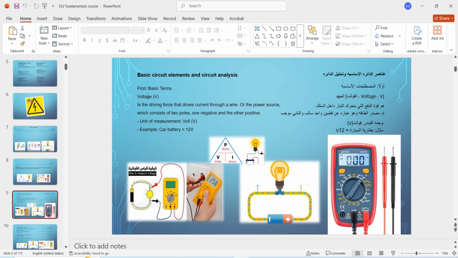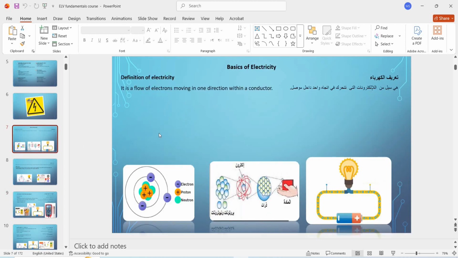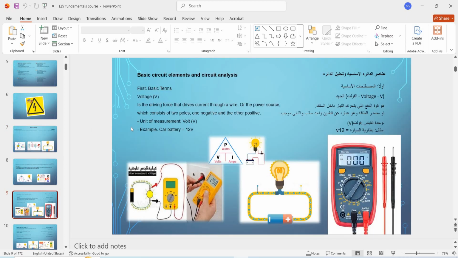So now we're gonna learn what voltage means. Before, we understood the definition of electricity, and we said it's a flow of electrons moving in one direction within a conductor. So what does voltage mean? Voltage is the driving force that drives current through a wire.